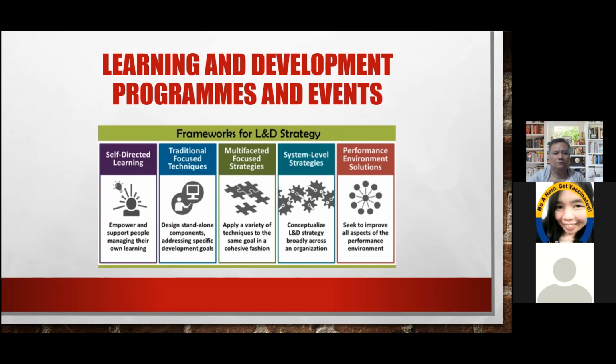A framework for looking at learning and development strategy and support in a comprehensive way across all organizations' learning needs. This is most useful when you have charge of an organization-wide strategy, although, as parenthetically noted, this can often be applied at a project level in the same way as multifaceted focus strategies.